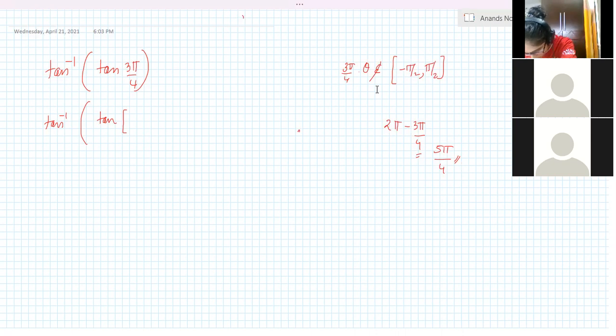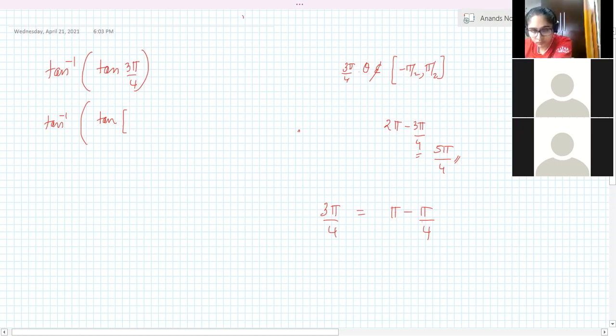So here what we'll do is, we know that this is 3 pi by 4, right? This is nothing but pi minus pi by 4. We are not changing anything. We are just going to write tan of 3 pi by 4 as pi minus pi by 4.